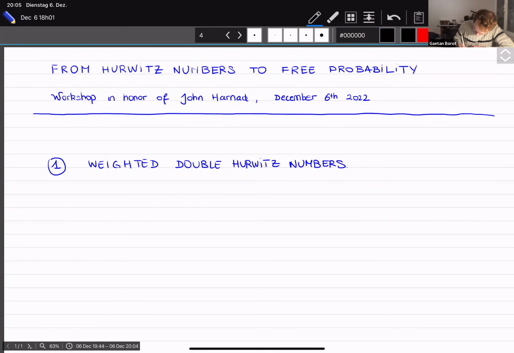So you consider Hurwitz numbers, you want to count the number of branch covers of P1 with some controlled ramifications. So here is P1, two special points 0 and infinity.